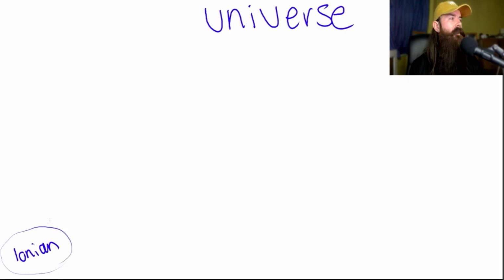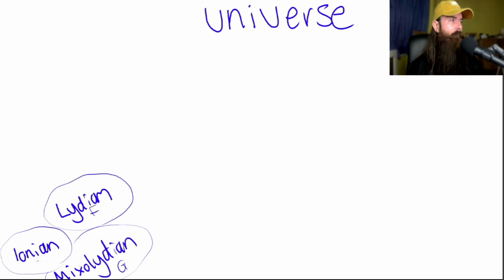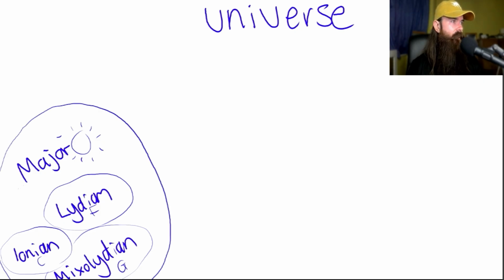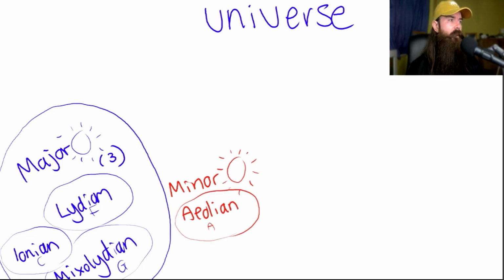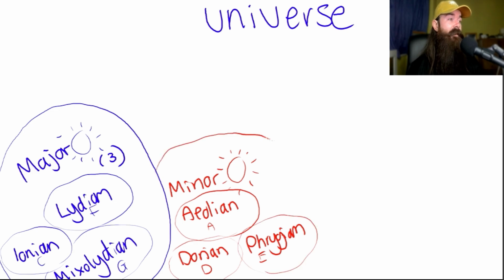So this is an Ionian planet, this is a Mixolydian, and this is a Lydian. And these planets, these modes, are in a solar system, and it's the major solar system in this case. And likewise, we've got a minor solar system next door. So we've got the Aeolian mode, so that's the natural minor. We've got the Dorian, so that's the natural D scale derivative. And then we've got the Phrygian, which is the natural E derivative.